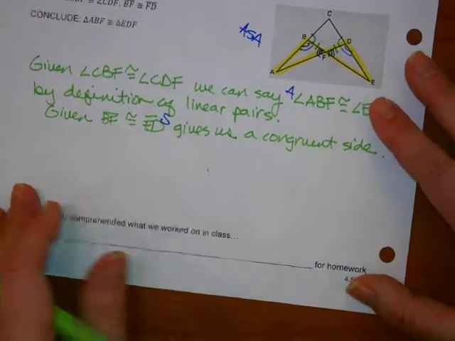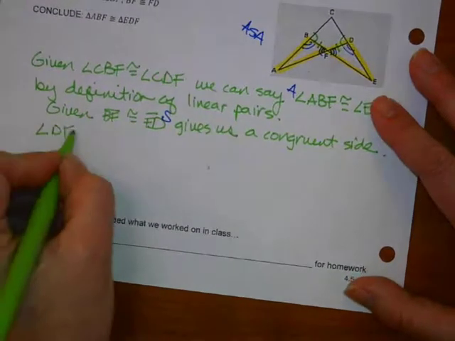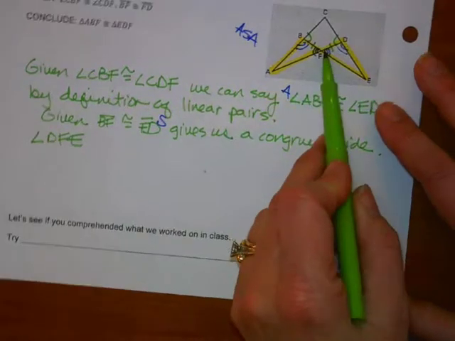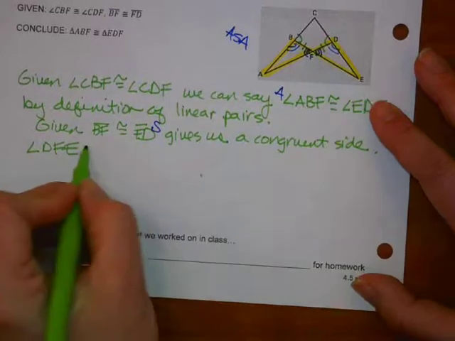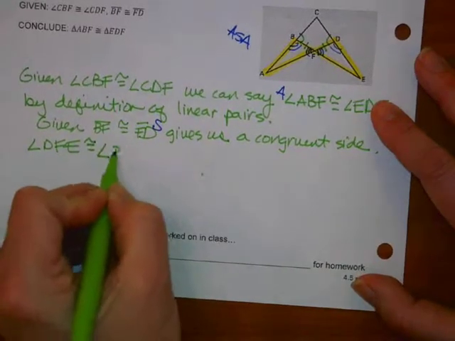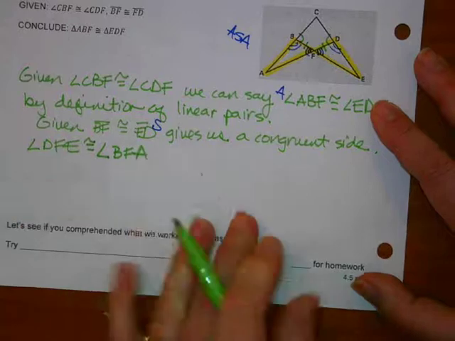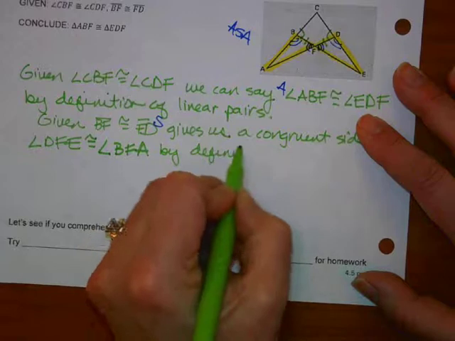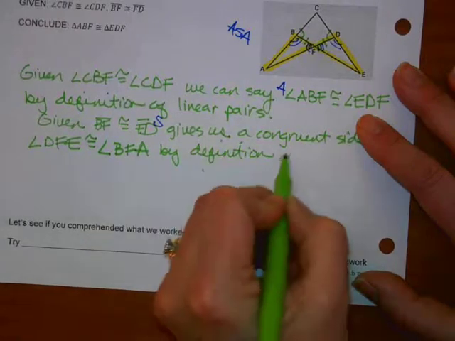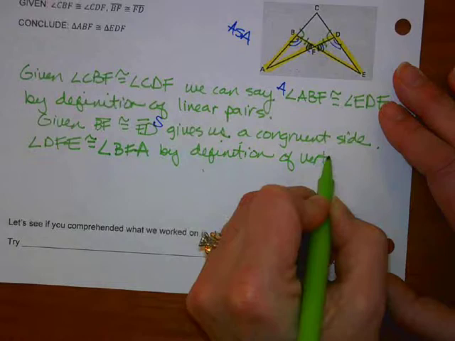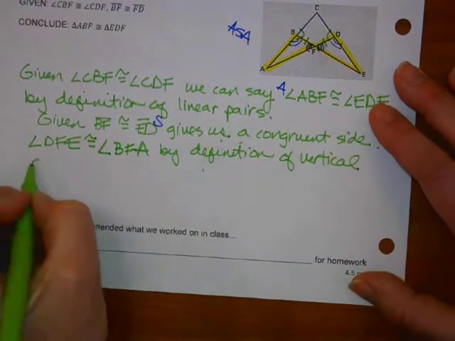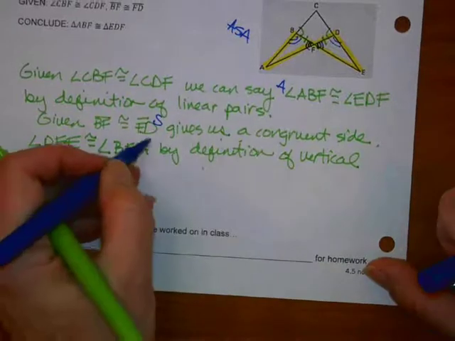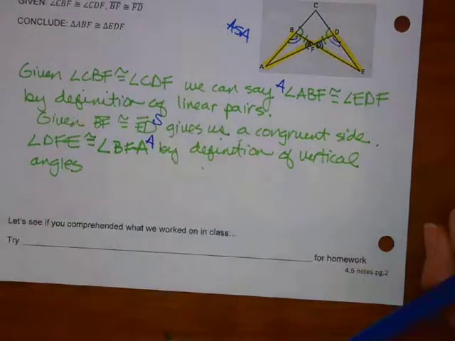So I could say, all right, angle DFE, that's this one right here, is congruent to angle BFA by definition of vertical angles. Okay, so that's my A. So I've got my ASA.